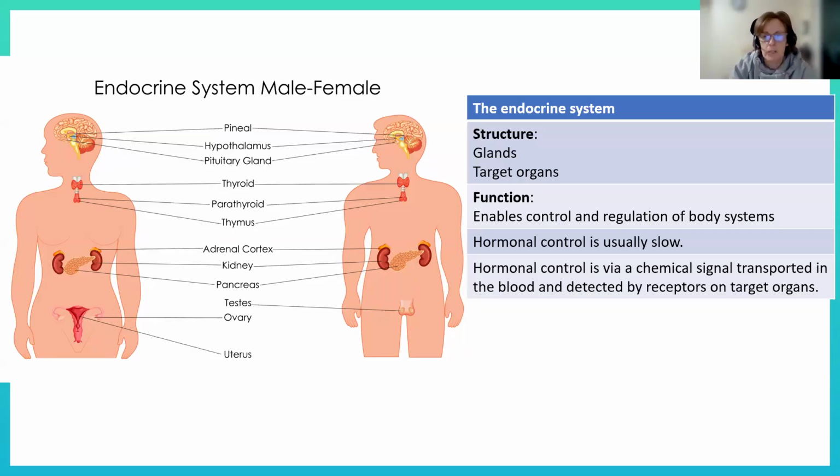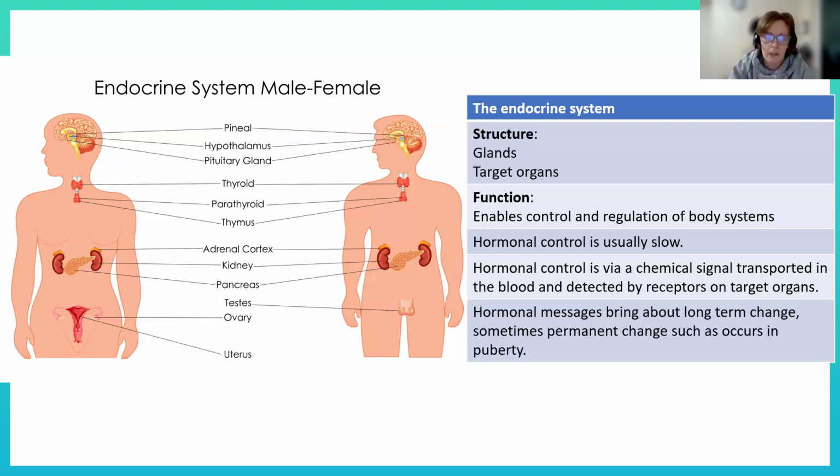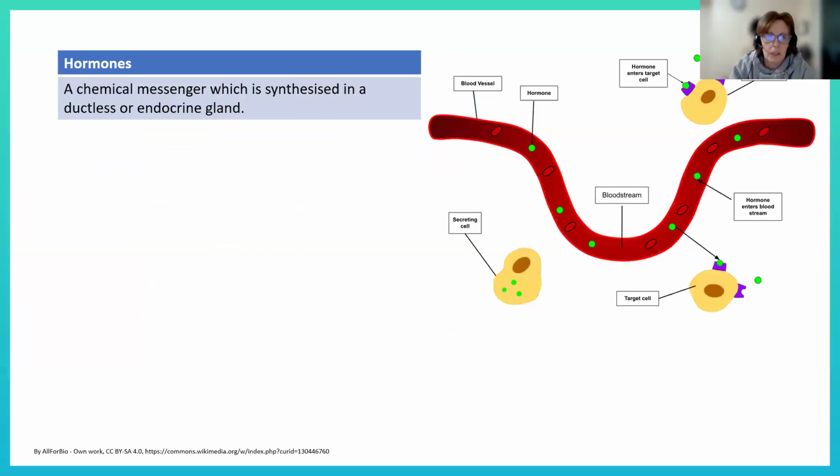This is a chemical signal that's transported in the blood, and it's detected by special receptors on target organs. And what happens then very much depends on the hormone and the target organ and the message that's being sent. But the hormonal messages bring about some sort of long-term change. Could even be a permanent change, such as puberty, which occurs in those cells that respond.